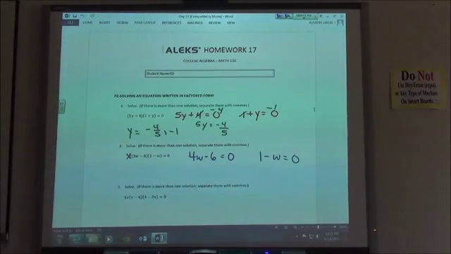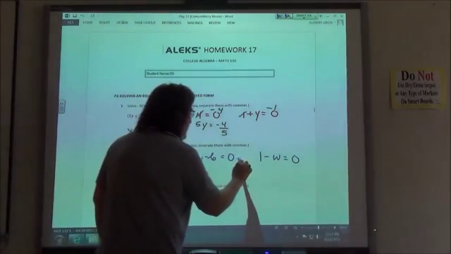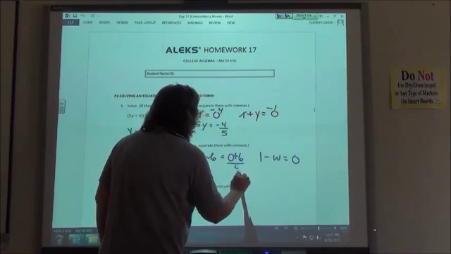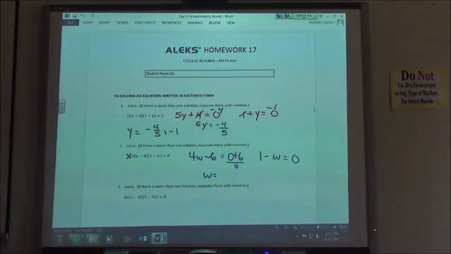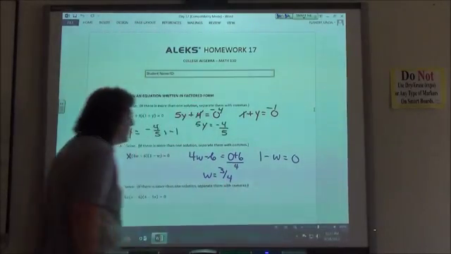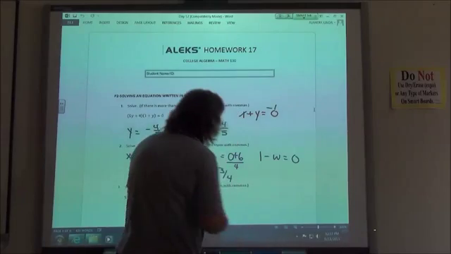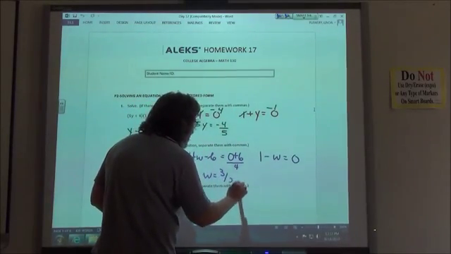So if we're going to solve the first one, we would add 6 and divide by 4, so w is going to equal 3 halves. 6 fourths reduces down to 3 halves. I write 3 halves. 3 over 2, there we go.